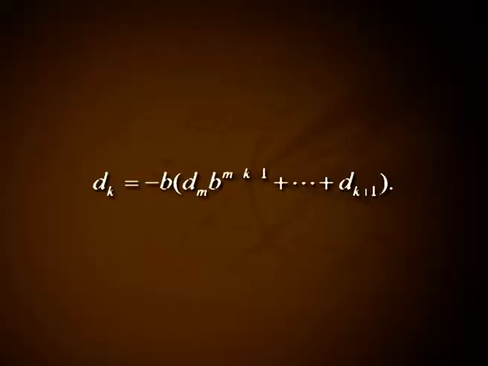And so after dividing by b^k, d_k = -b (d_m b^{m-k-1} + etc. + d_{k+1}). This tells us that b divides d_k. Now the inequalities 0 ≤ a_k < b and 0 ≤ c_k < b lead us to -b < a_k - c_k < b, or |d_k| < b.